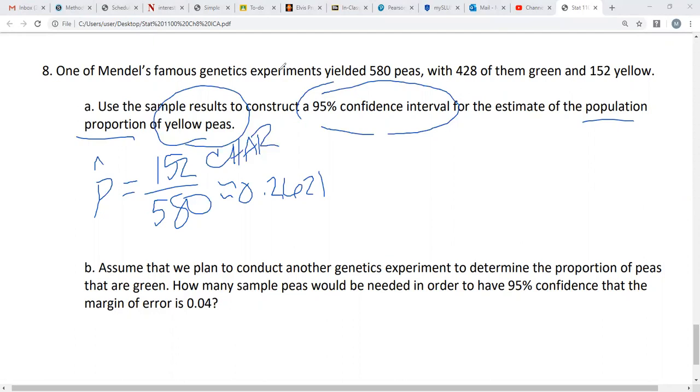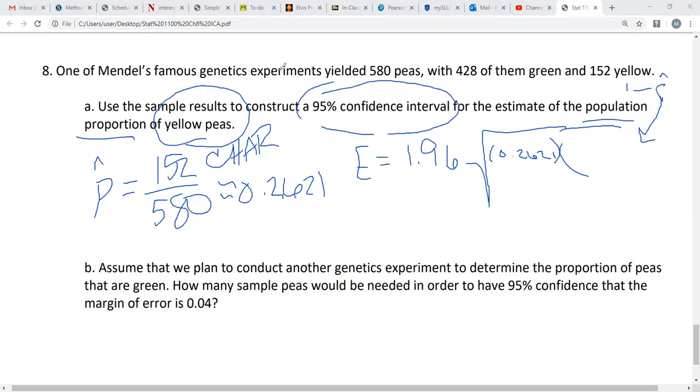And then I'm going to go ahead and start constructing my confidence interval by first determining my value of E. It's 1.96 times the square root of P hat. So here that's going to be that 0.2621 times 1 minus P hat.